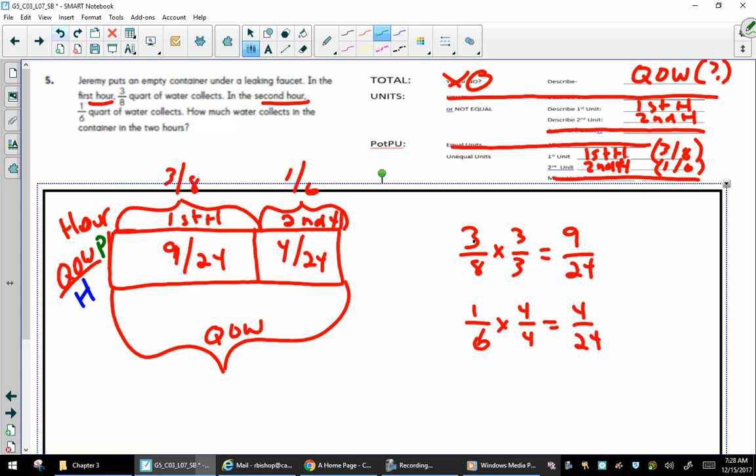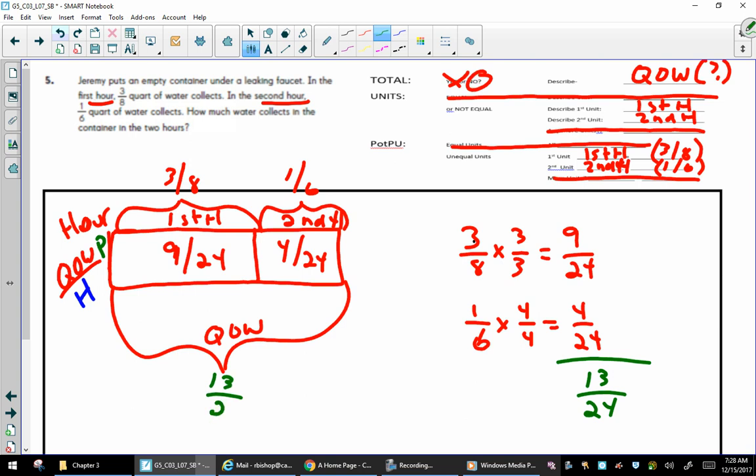So the dichotomous key tells me I should be adding those units. 9/24 plus 4/24 is 13/24. I can't simplify that, but I know that that means 13/24 quarts of water. So my final answer, 13/24 quarts of water.